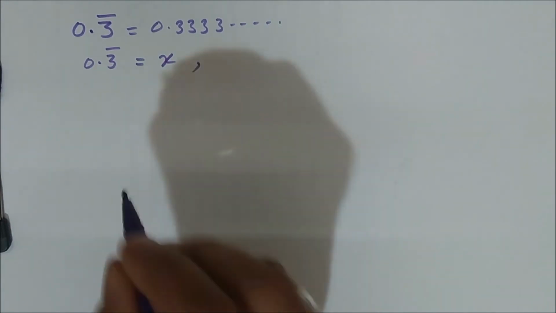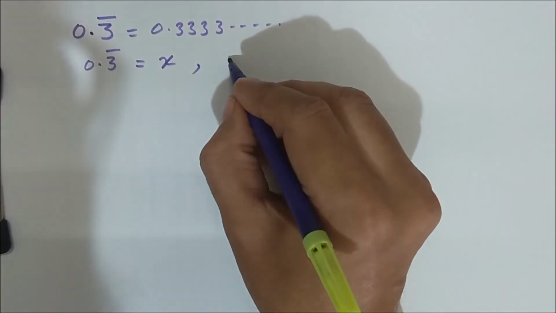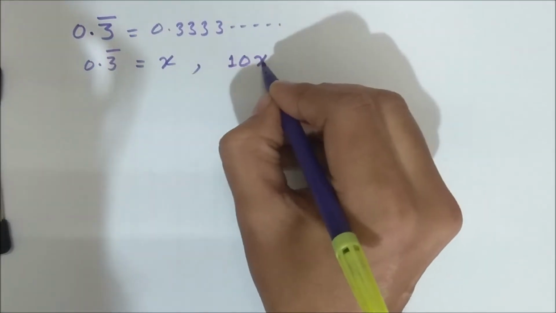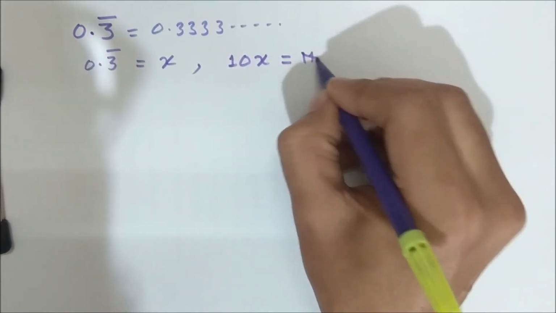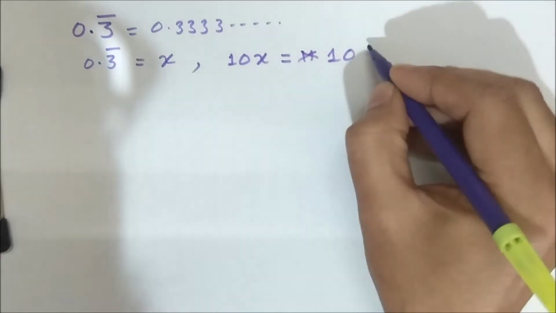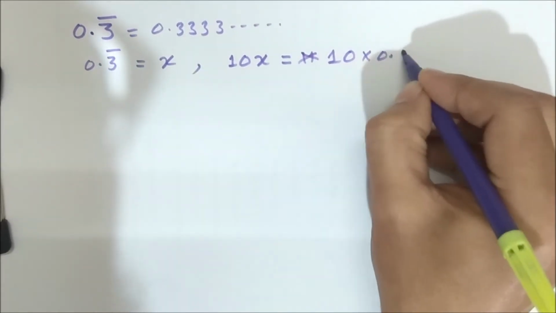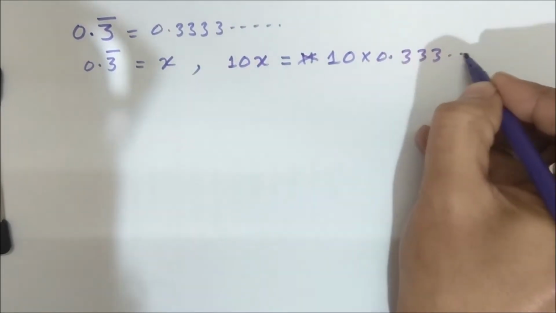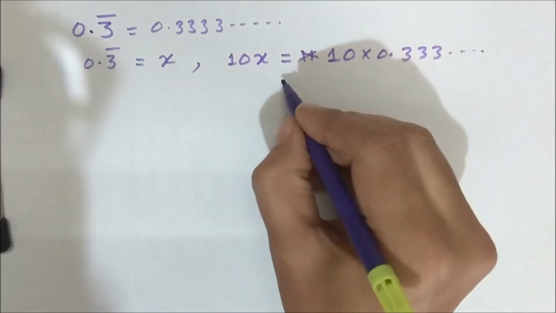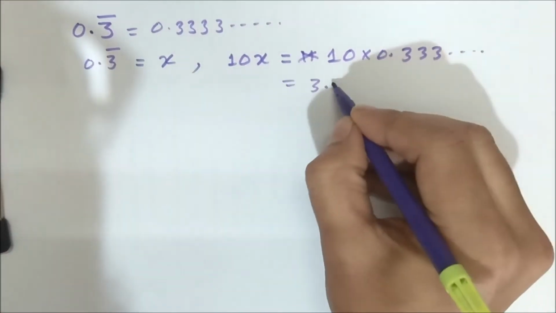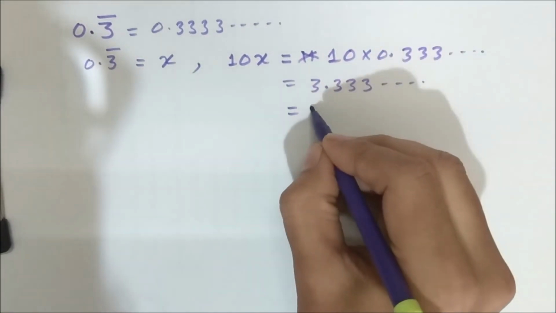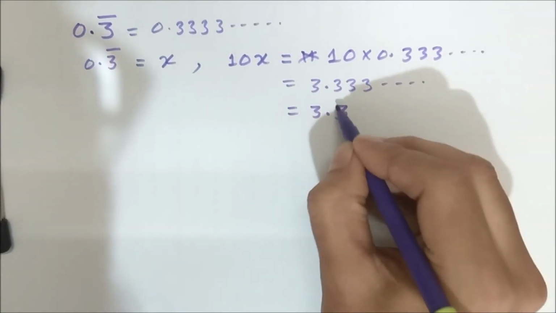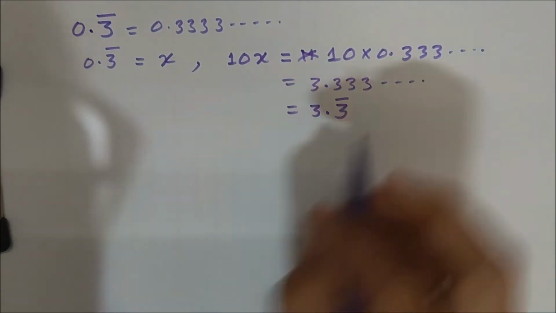Now if we multiply x by 10, this becomes 10x, which will be equal to 10 times 0.333 and so on, or this will be equal to 3.333 and so on, or this is equal to 3.3 recurring.